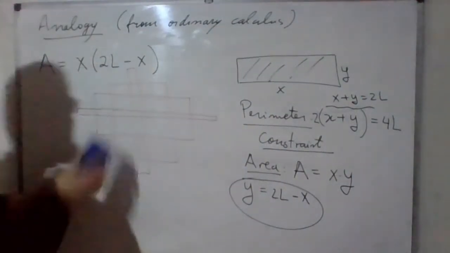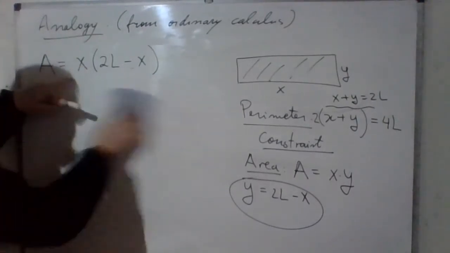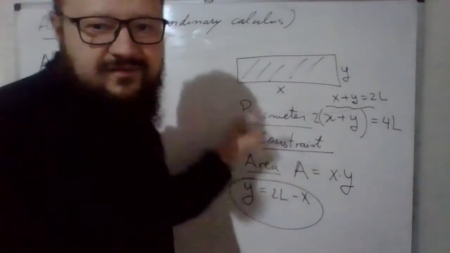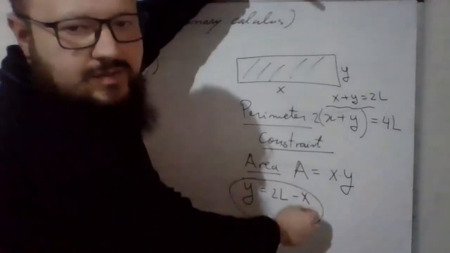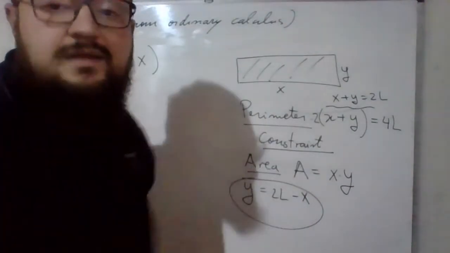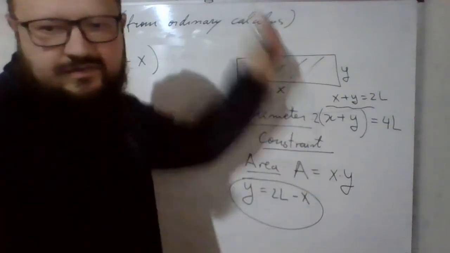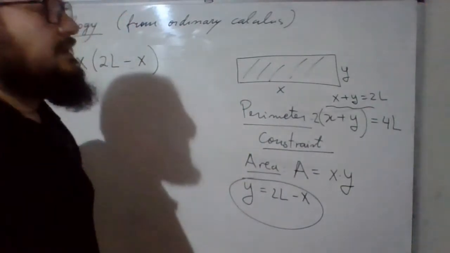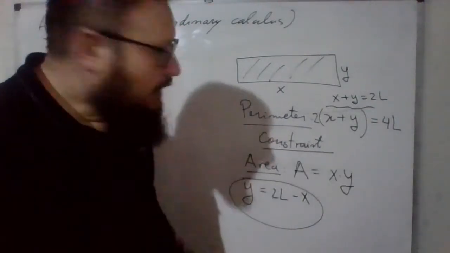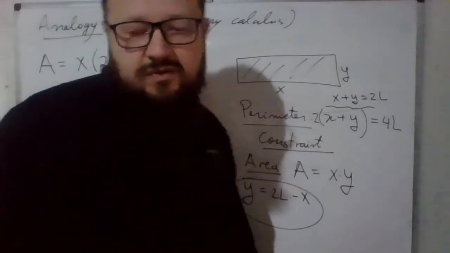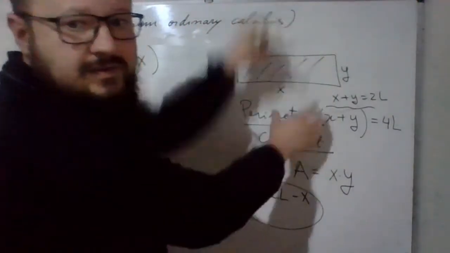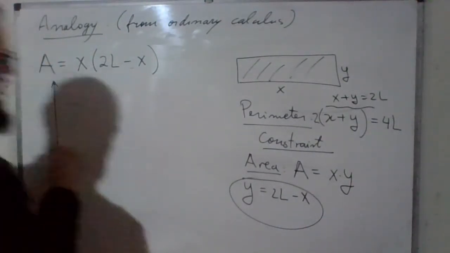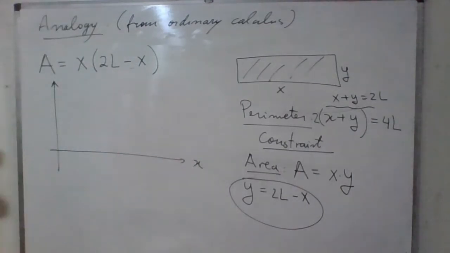So you could plot this area as a function of the value of x, which can go from 0. So if you have 0 for x, the length is completely described by twice the y is equal to 4L, right? Or you can make y equal to 0, so you can change, and in the end you can plot this area as a function of x, all right, as a function of this variable.